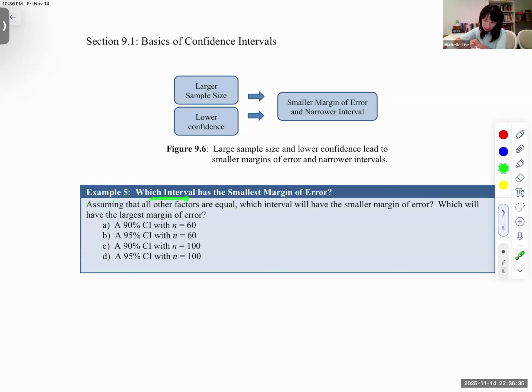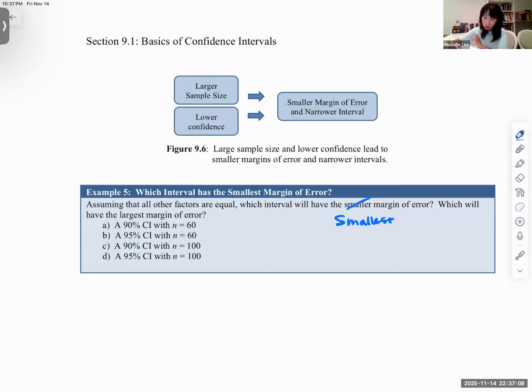Which interval has the smallest margin of error, and which has the largest margin of error? Okay, let's take a look. A smaller margin of error comes with a larger sample size and lower confidence, right?